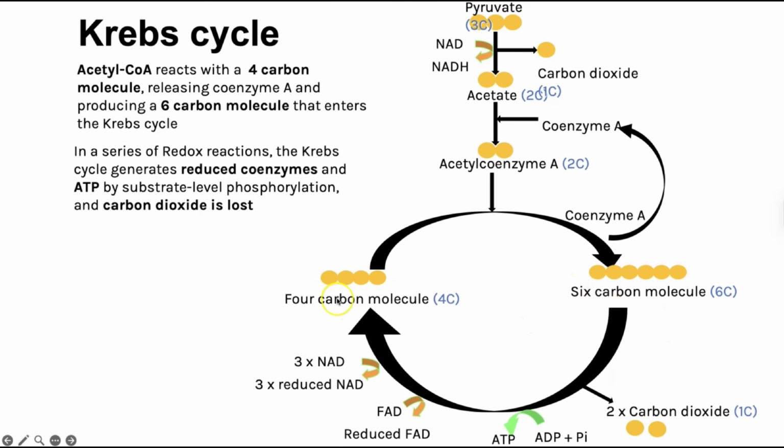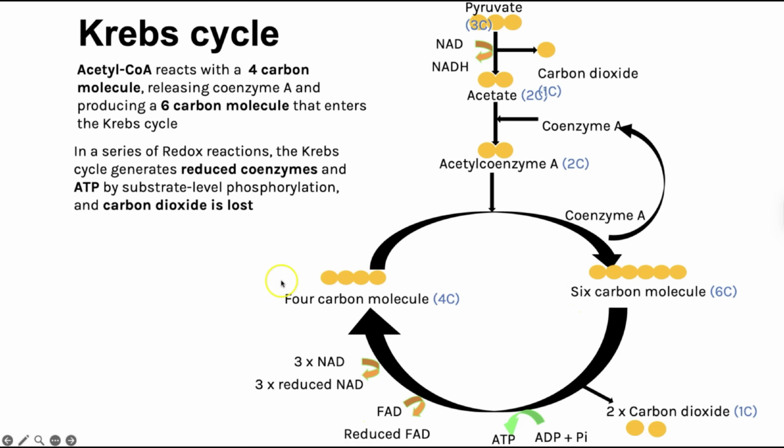And you don't need to know all of the intermediates, you just need to know that when you go from that 6-carbon molecule back to the 4, there's a series of redox reactions. And the carbon compounds are being oxidized, the coenzyme NAD and FAD are being reduced. And we get 3 reduced NAD being made and 1 reduced FAD.